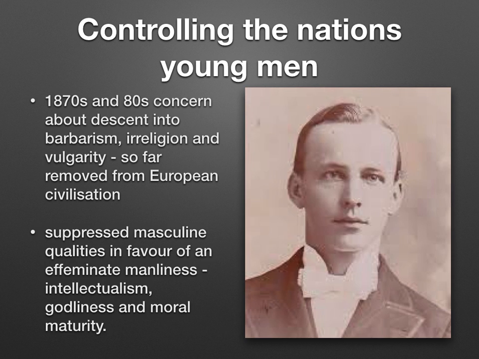Another construct that followed immediately on from that in the 1870s was about suppressing the masculine qualities in favour of an effeminate manliness, intellectualism, godliness and moral maturity. And this came about because in the 1870s and 1880s there was a concern that young people, young men particularly, were descending into barbarism, that they were becoming irreligious and vulgar, and this particularly was exacerbated because they were removed so far from European civilization.